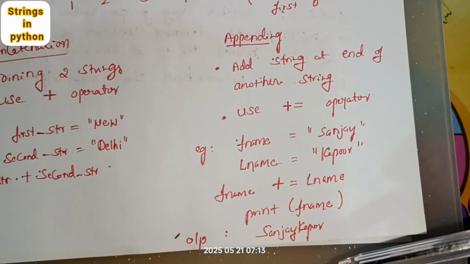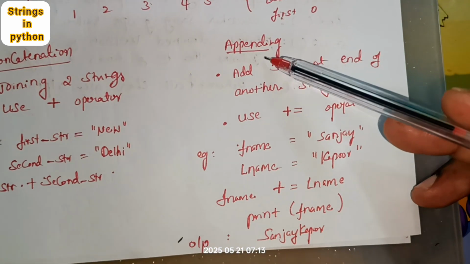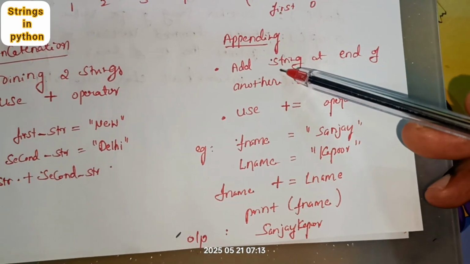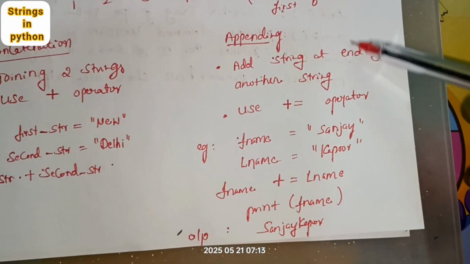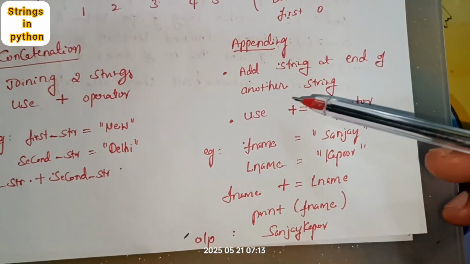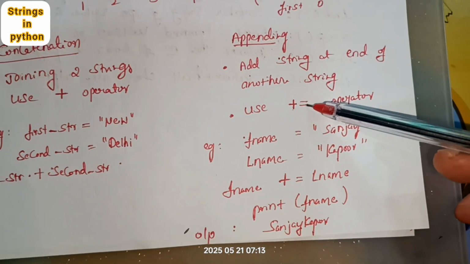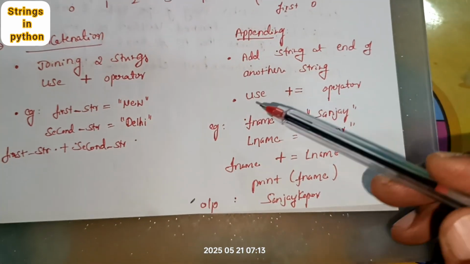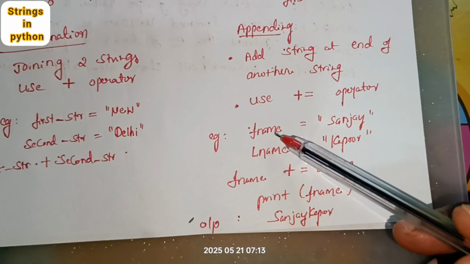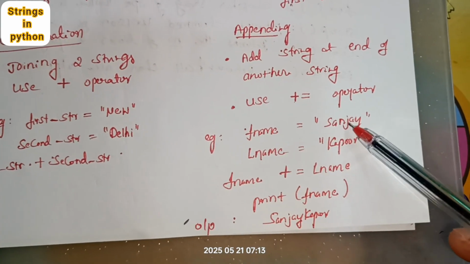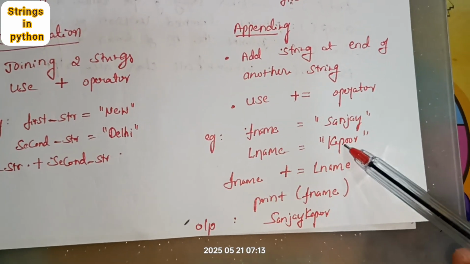What is the meaning of appending? It is slightly different from concatenation. Appending means we are adding a string at the end of another string. For this we use the plus and equals operator. For example, fname, the first name, is Sanjay in double quotes, and last name is Kapoor in double quotes.